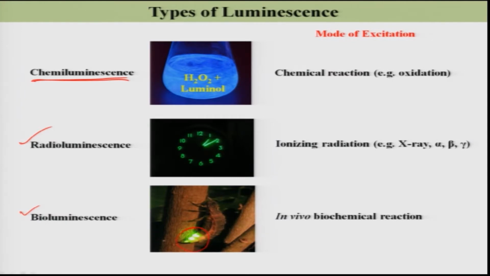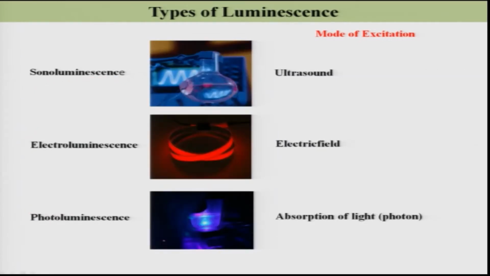Here you can see the firefly giving this luminescence. Similarly, we have sonoluminescence, where the mode of excitation is ultrasound, and electroluminescence, where the mode of excitation is an electric field. Last but not least, we also have photoluminescence, where the mode of excitation is the absorption of light.